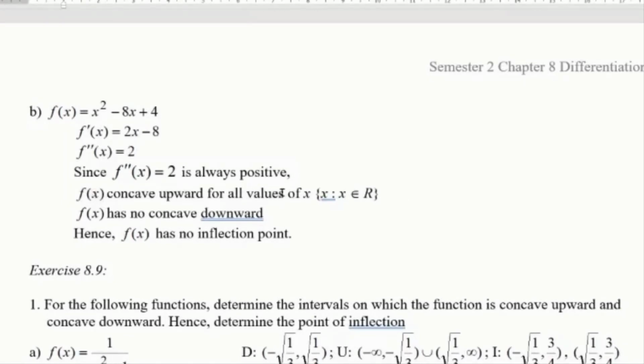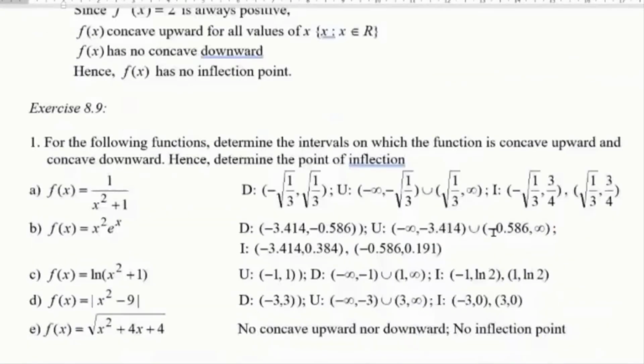So means we don't have any changes of concave upward, downward. If no changes, means no inflection point. Okay? You must have changes either from upward to downward or downward to upward. Then the point is an inflection. If no changes, let's say before the point, it is concave downward. After the point, also concave downward. So means it is not an inflection point.